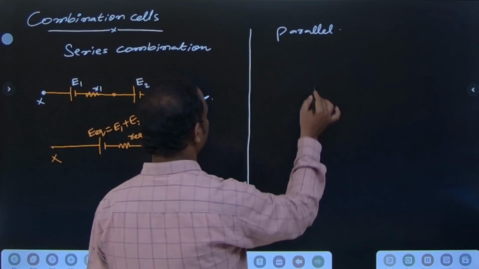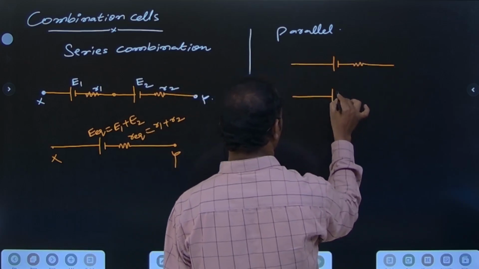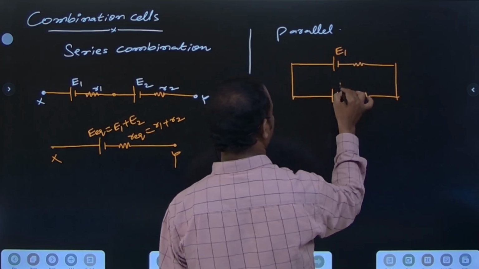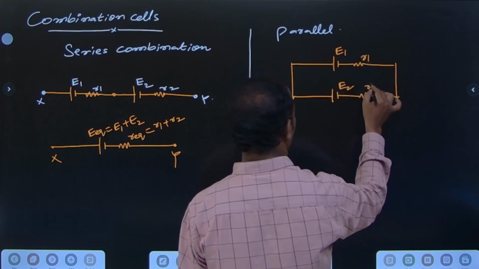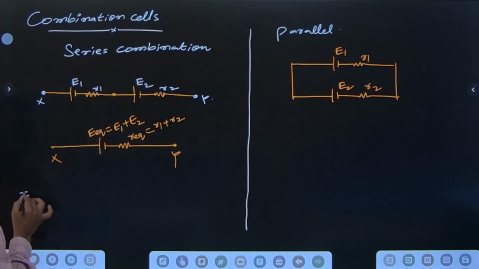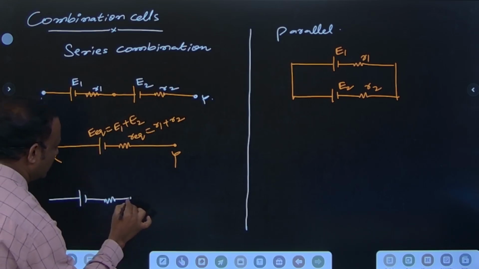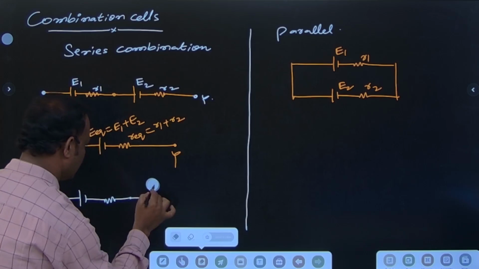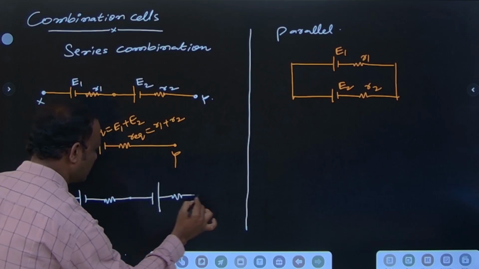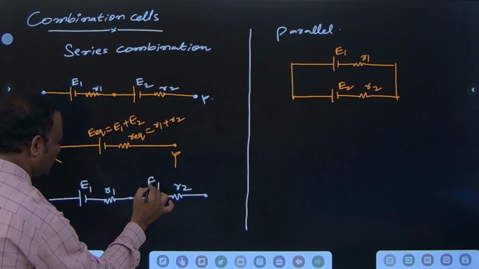In the parallel combination, first one cell is there with its internal resistance, and next one as well. Its EMF is E1, next one is E2, internal resistances R1 and R2. One more condition I can say here: one is positive with internal resistance R1, and the next one, the cell is reversed. So its EMF is E1, next one is E2.